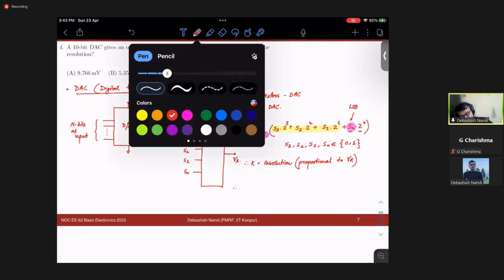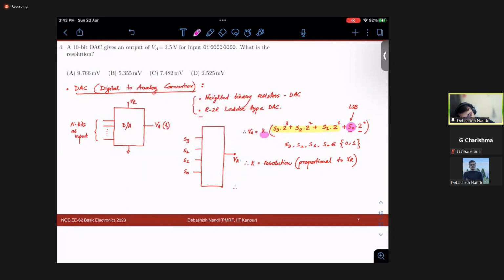Let me just write it down. VA1, in one case, would be K into S3 2 to the power 3 plus S2 2 to the power 2 plus S1 2 to the power 1 plus, let me take S0 equal to 1, and 2 to the power 0 is 1, so it is 1, right?